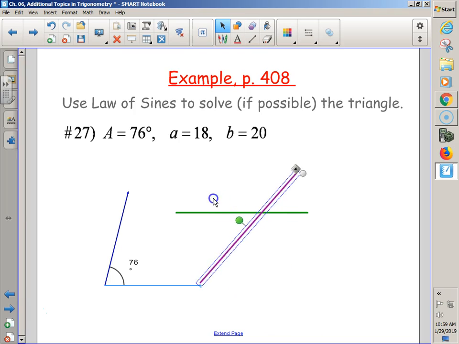So if this is an ABC triangle, right away I'm going to put B right about here along my 76 line.